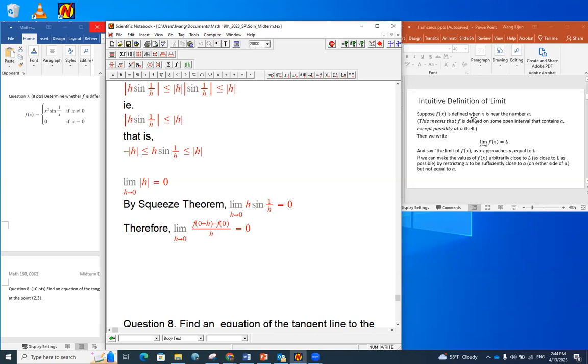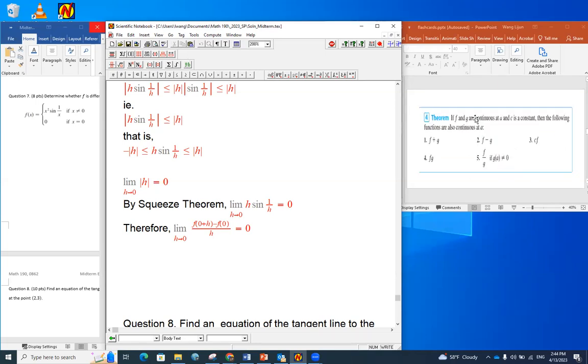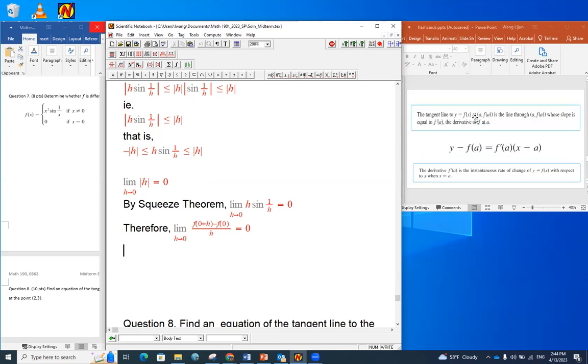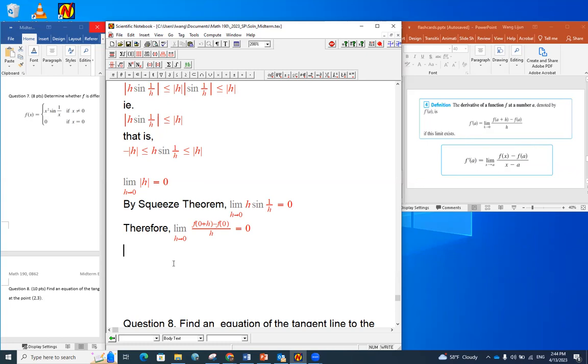By the definition of the derivative, of differentiability, right here, f is differentiable at zero.